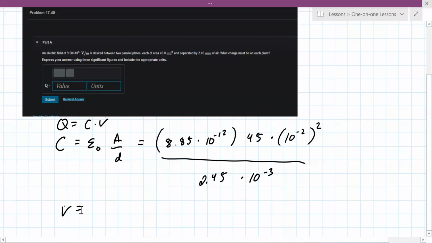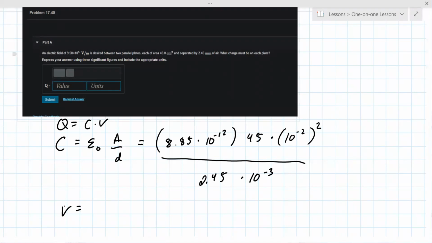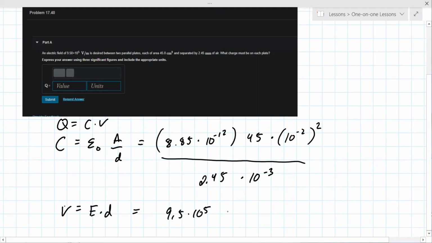V is equal to, we get that one calculation, V is equal to E times D. And E is given. That's the 9.5 times 10 to the 5th.